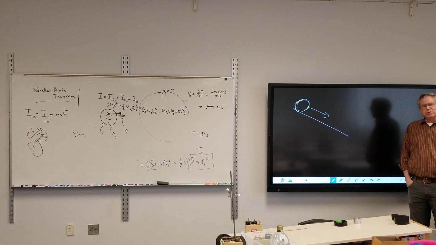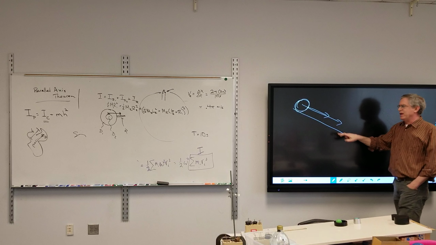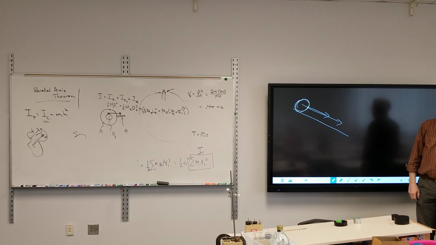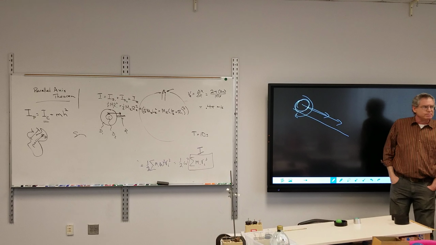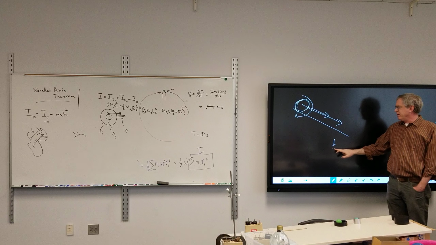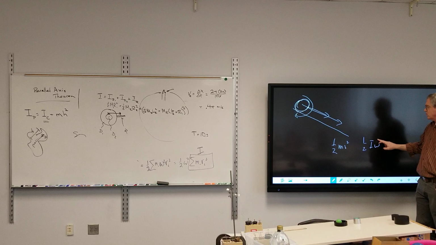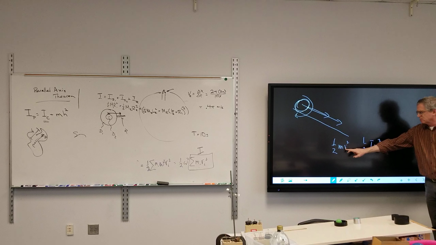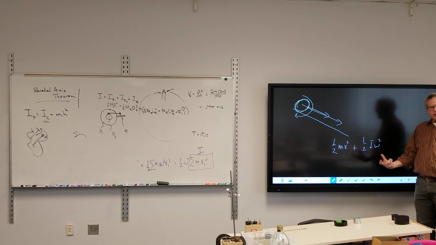If I think about it in terms of two different kinetic energies, I have a kinetic energy associated with the center of mass moving, that's the 1/2 mv squared, and a kinetic energy associated with its rolling, a 1/2 I omega squared. So those are my kinetic energies here.